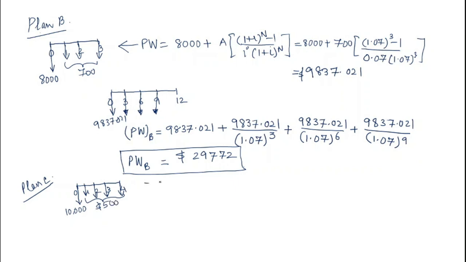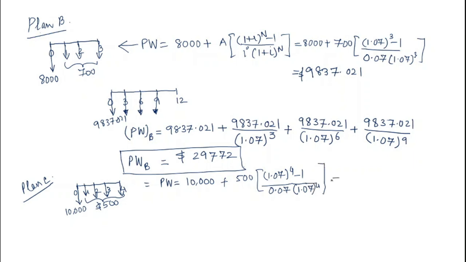So if I compute the present worth of this, it will be 10,000 plus 500 times (1.07 to the power 4 minus 1) upon 0.07 times 1.07 to the power 4.